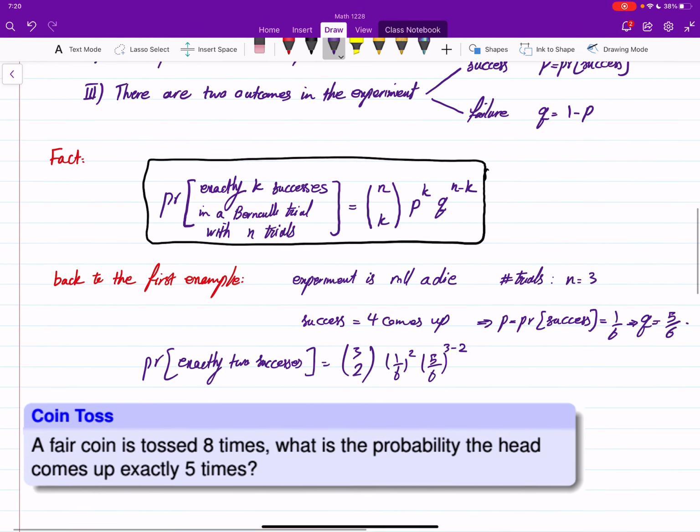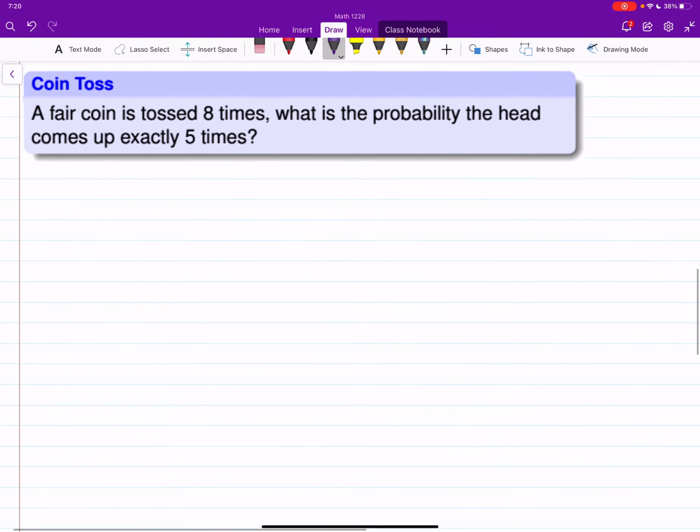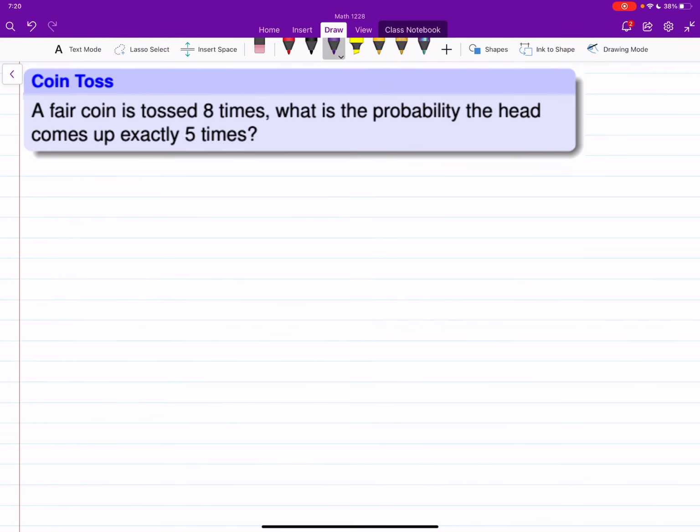Okay, so before I finish, let me do one more example. Here, a fair coin is tossed 4 times. So right away, you have to see this is a Bernoulli trial, because tossing a coin is independent. When you repeat this experiment, the experiments are independent. This is a Bernoulli trial because you repeat something n times, 8 times here.